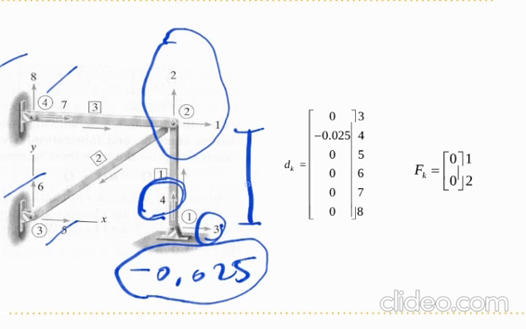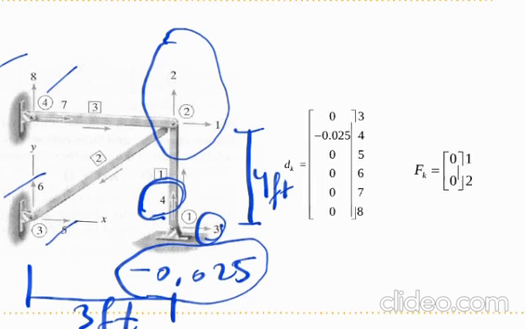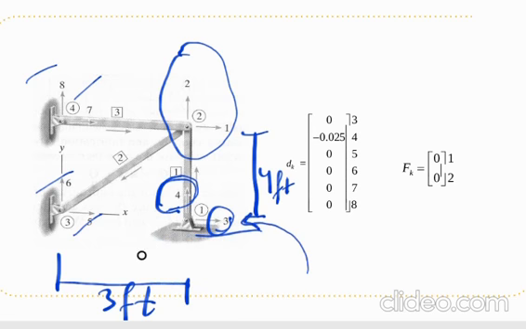This is 4 feet, and this is 3 feet. So now in member number 1, the x is equal to. Sorry, how can I write? Let me clean.